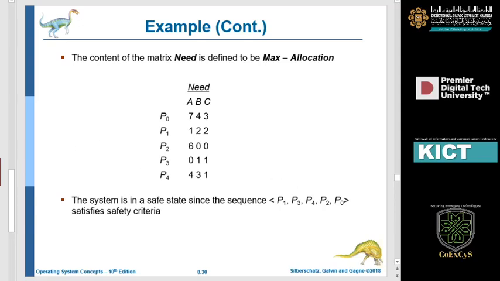Hi again. So, if we look at these slides again, the idea of the banker's algorithm is basically to avoid deadlock altogether, right? So it's more like a deadlock avoidance kind of thing.